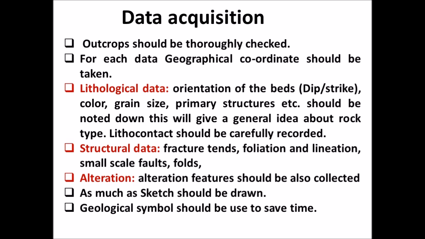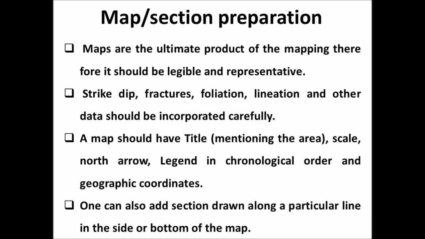Okay, so this was data acquisition, and the last but not the least is the map and section preparation. The maps are basically the ultimate products of the mapping. Therefore, they should be very clear, legible, and representative. Strikes, dips, fractures, foliation, lineation, and other data should be incorporated carefully. A map should have a title mentioning the area.